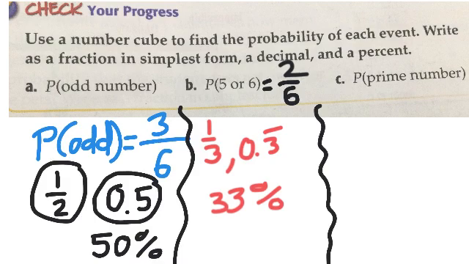Because 2 times 5 is 10, 1 times 10 is 10. So that has 4 factors. So 10 is not prime. It's what we call composite, because it has more than just 1 and itself as factors.